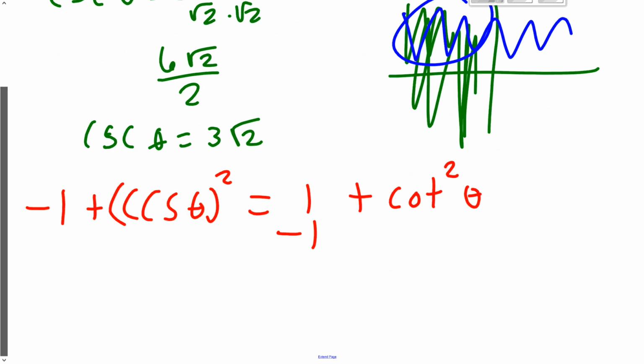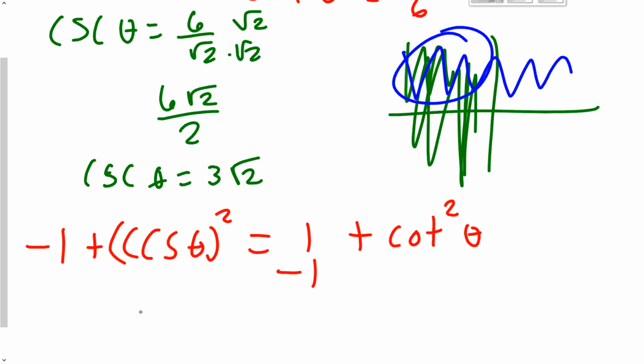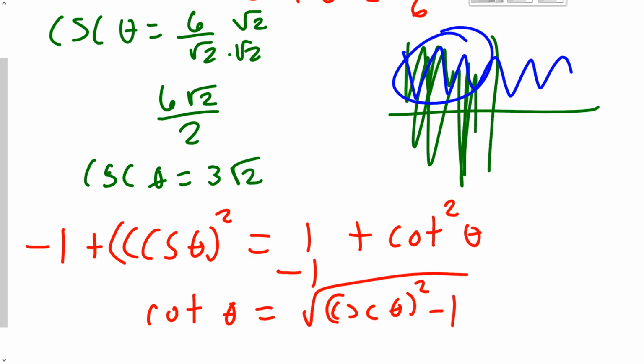I'll get cotangent. So cotangent will equal the square root of cosecant of theta squared minus 1. Once we have cotangent, we can flip it and get tangent as well, right?